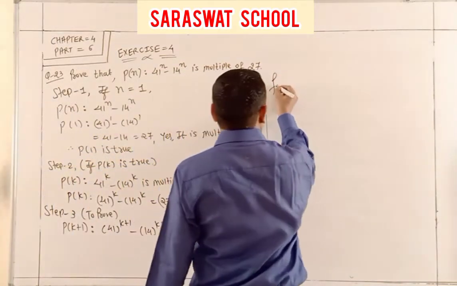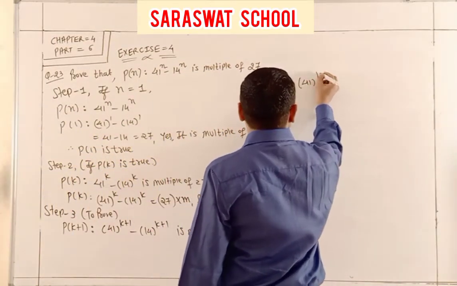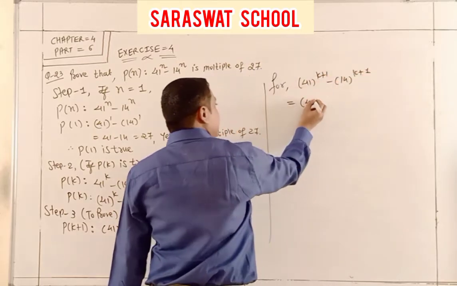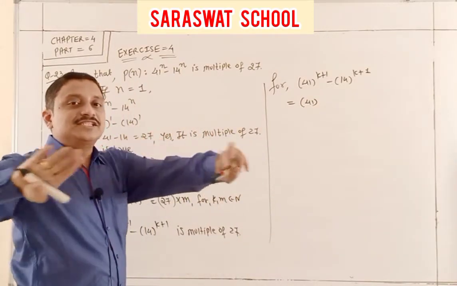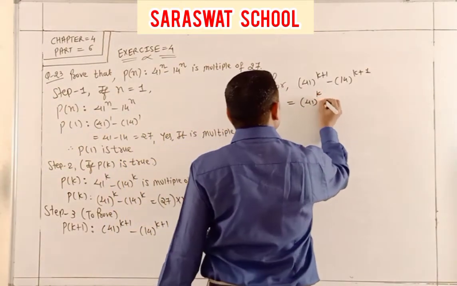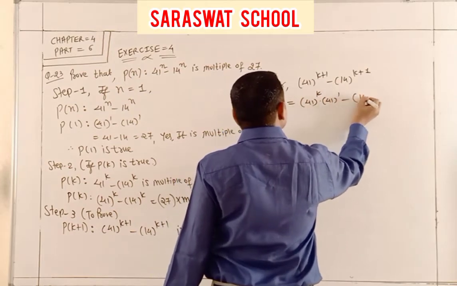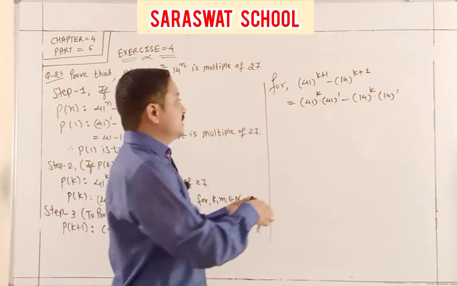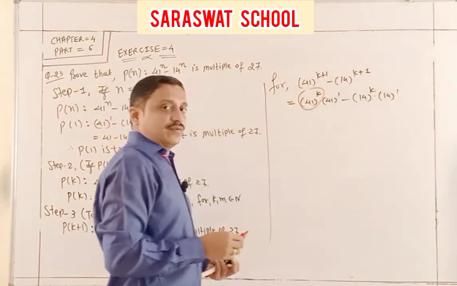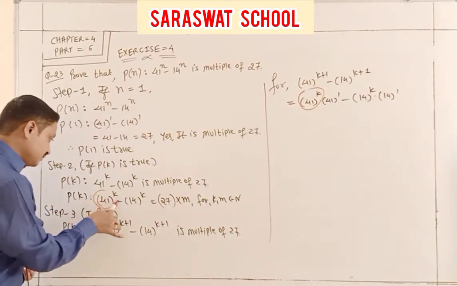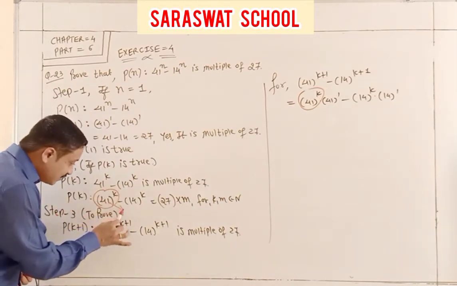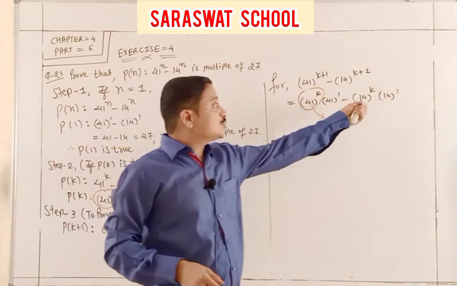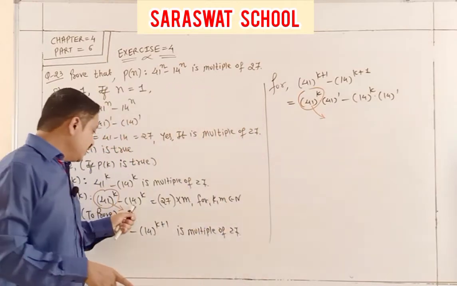So 41 to the power k plus 1 minus 14 to the power k plus 1 is equal to, can we write down, power changing in the k term and the 1 term, same k and 1. Now look at that here students, 14 raised to k, 41 raised to k, and here 41 raised to k, both of them convert this value, put down here.